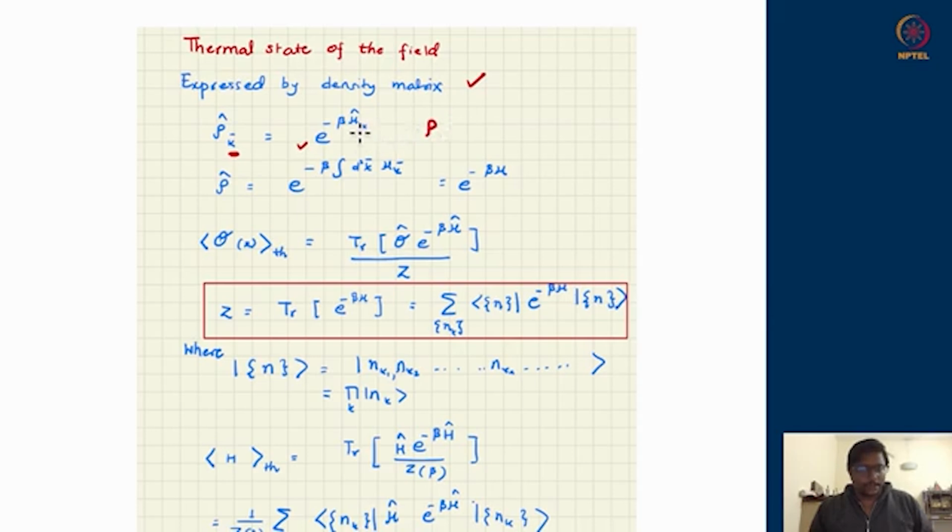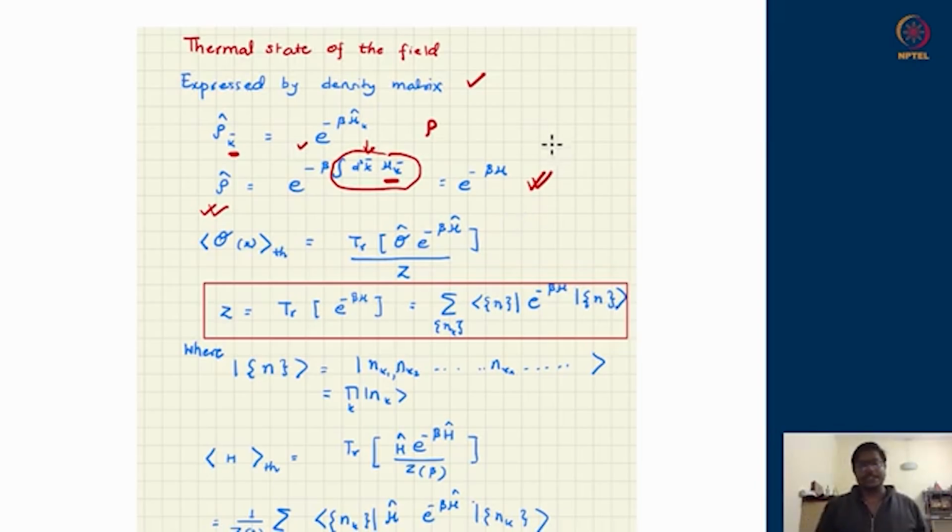Therefore, I can club this product into a summation over the argument in the exponential, such that the Hamiltonian operators appearing are commuting with each other. So ultimately, the full density matrix of the whole system involves an integration over d3k of h_k, each individual Fourier mode's Hamiltonian. Collectively, the whole thing appearing in the exponent is nothing but the total Hamiltonian of the system, and therefore we have a consistent definition of the full thermal density matrix of the whole quantum field, e to the power minus beta H.